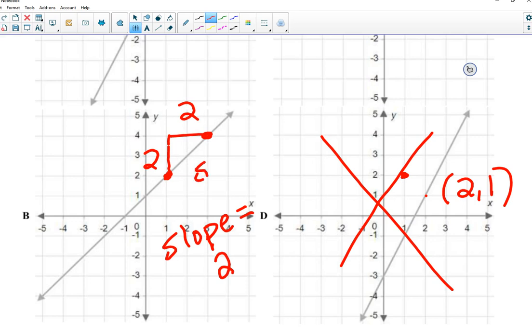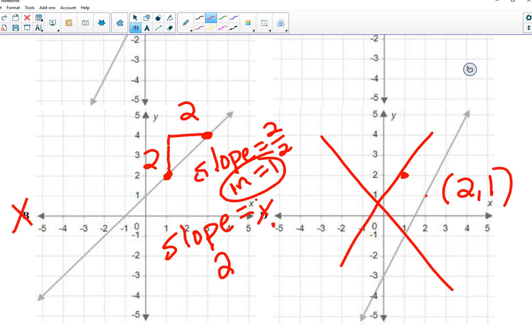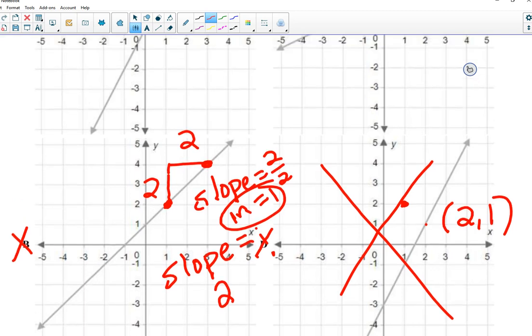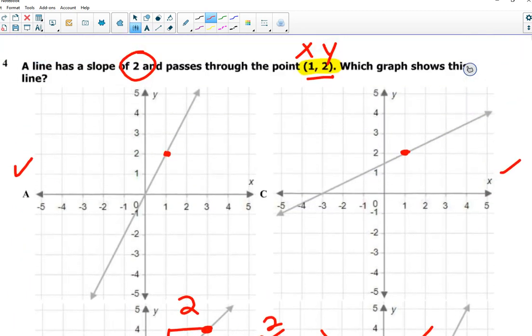So the slope is 2 over 2, which is equal to 1. So m is equal to 1. Could B be the answer? No, because the slope is 1. So it's not D, it's not B. Let's look at A and C.